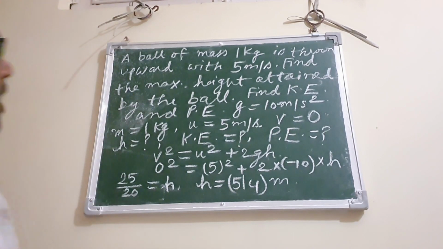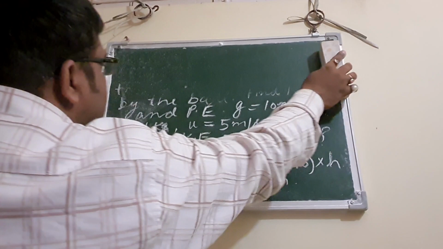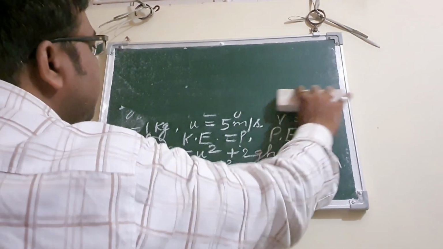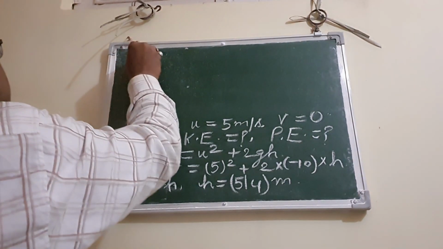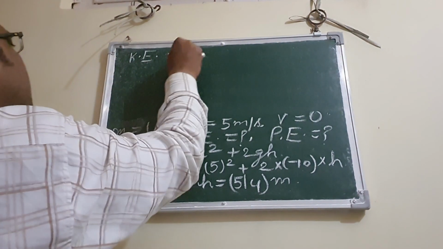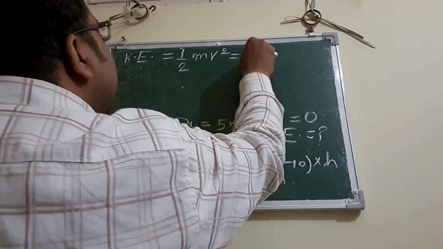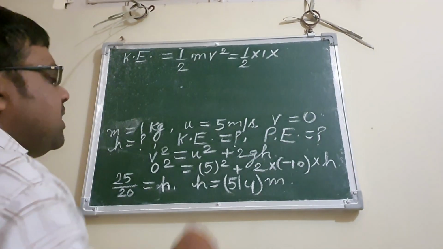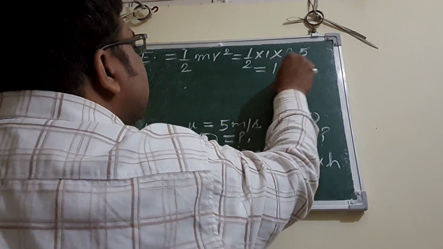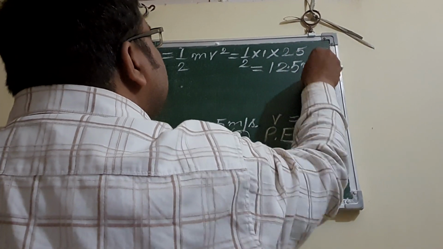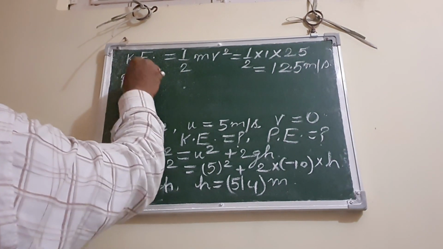So now we have to find the kinetic and potential energies. So finding the kinetic energy at the initial point, it will be half mv square. It is half, mass is 1, v square is the velocity square, that is 25. So it is coming out to be 12.5 joules. Now we have to find the potential energy.